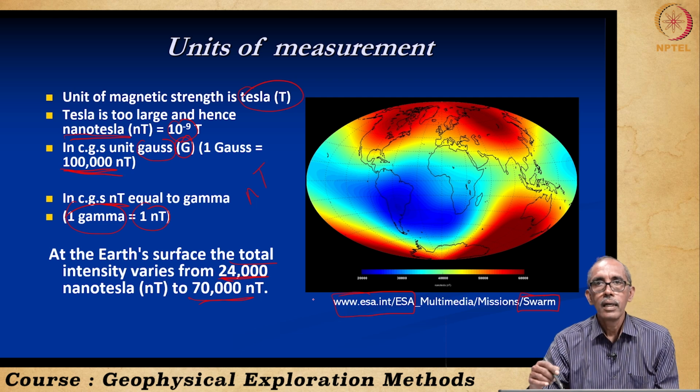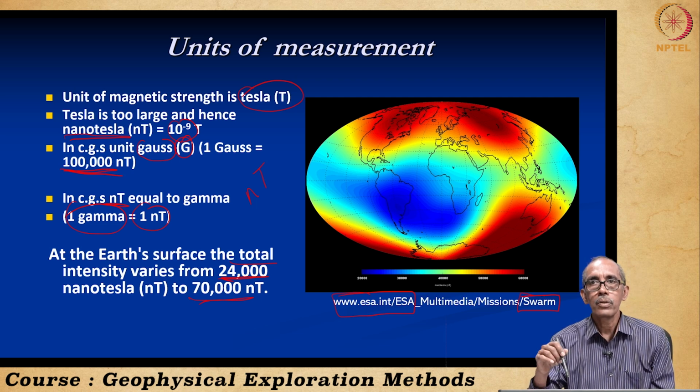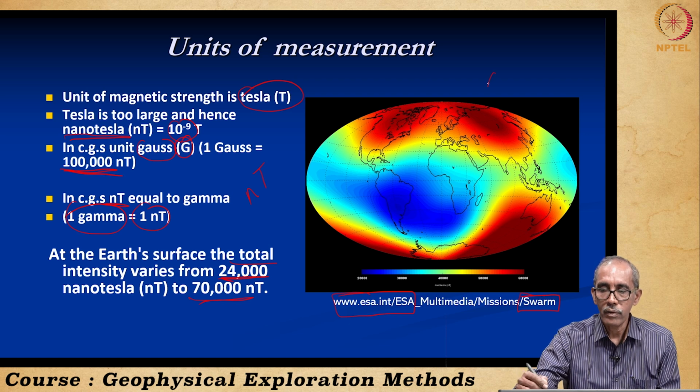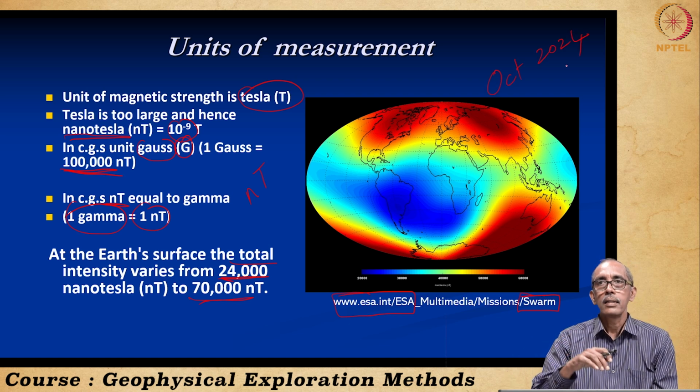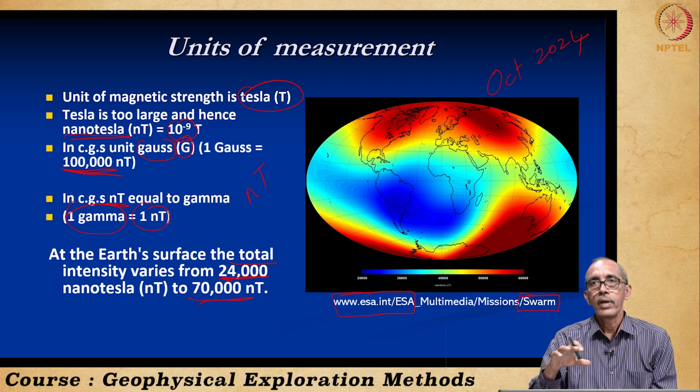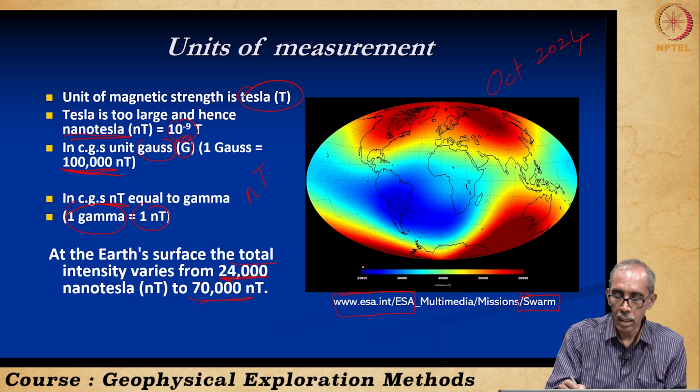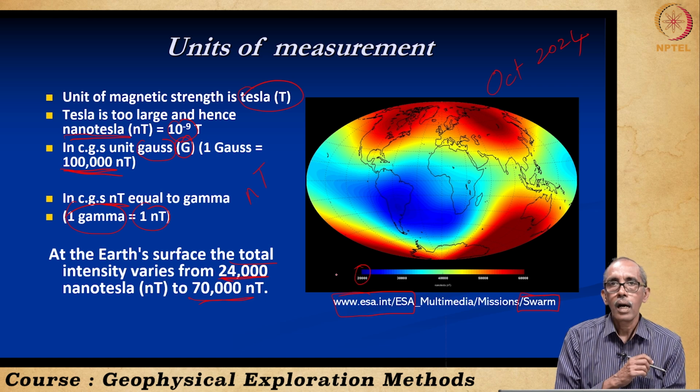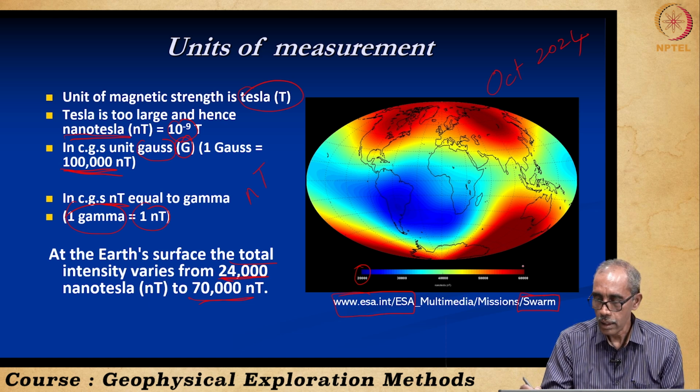I looked into this website a couple of weeks back, in October 2024, and this is the variation in the Earth's magnetic field. If you look at the scale, all the blue colors are of less magnetic intensity, around 20,000 nanotesla.